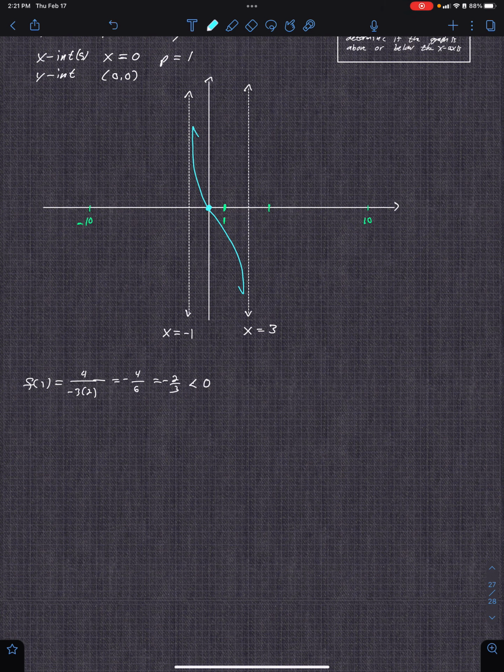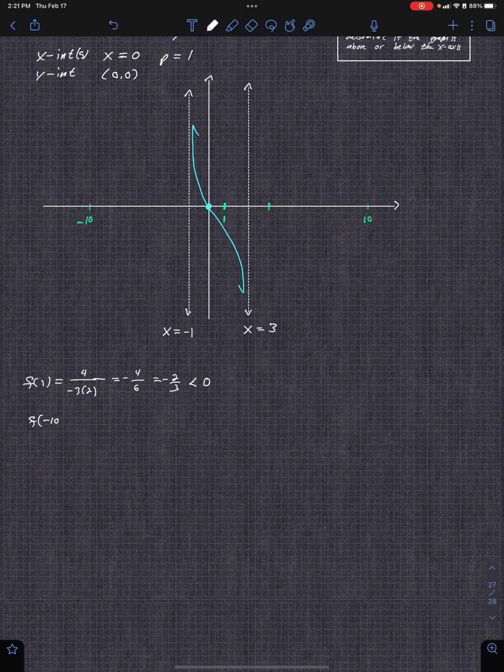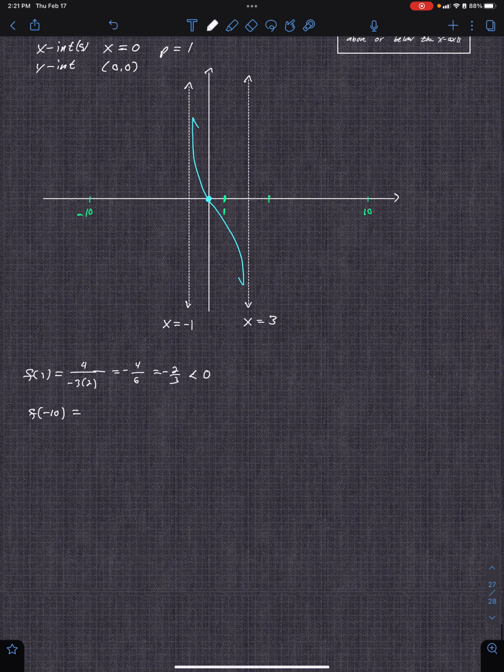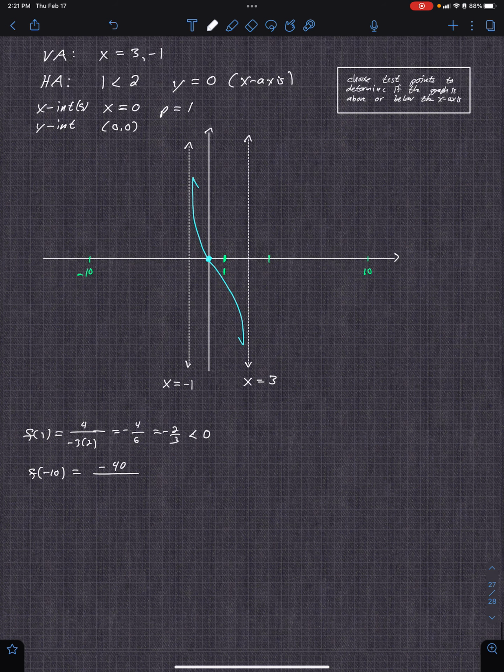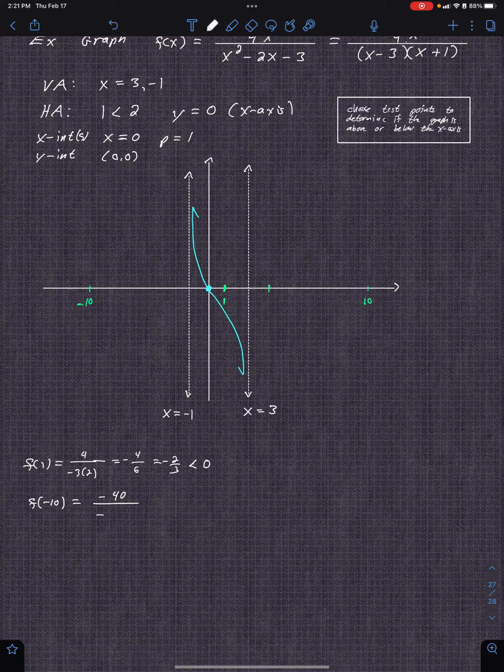Okay, so do the same thing for the other points at -10 and 10. You don't have to actually evaluate the whole thing. You just plug it in and see what happens. So if you do -10, you get -40 over... And this is a negative, and then another negative. So that's less than 0.